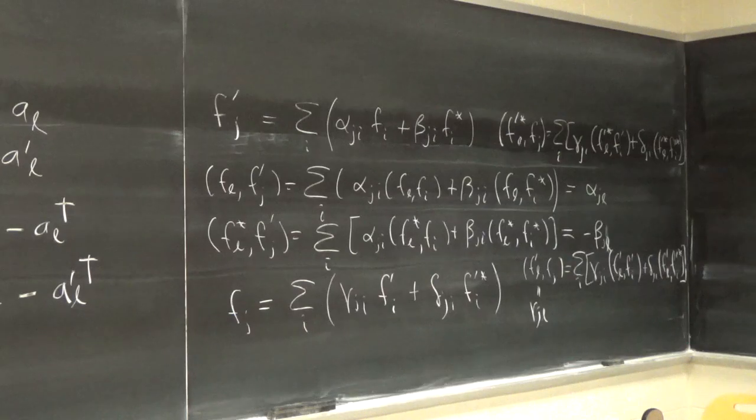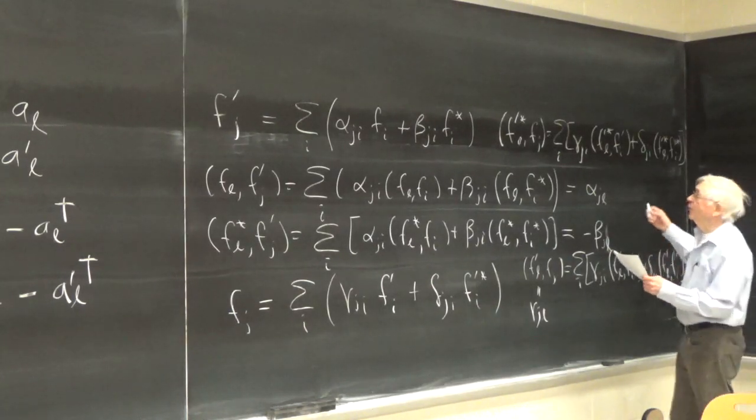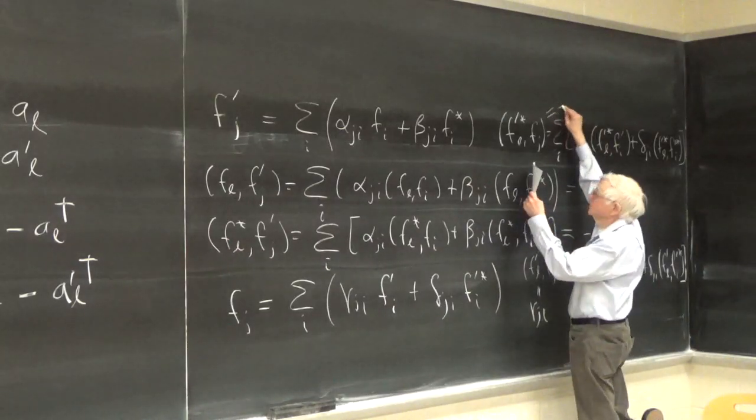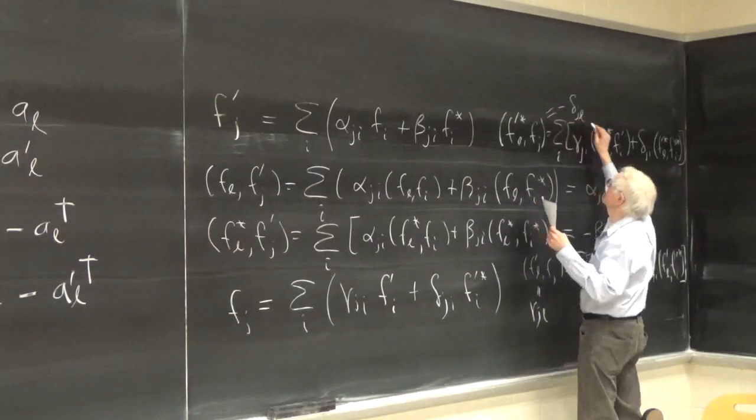And now the first term is 0, and the second term kicks out a minus 1. And so this is equal to minus delta_jL.